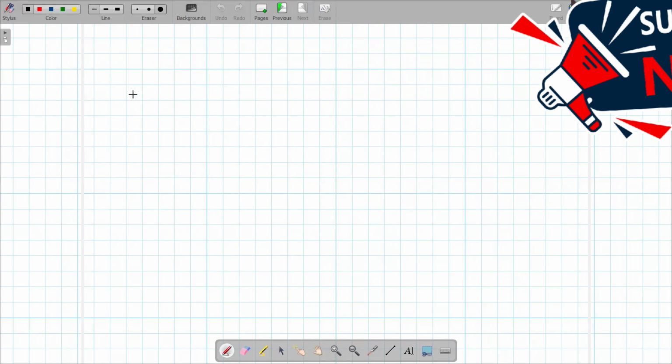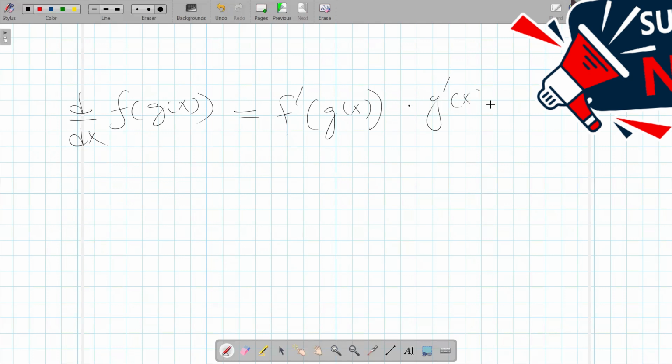Let's talk about what the chain rule is when we have a composite function f of g of x. This is a composition of two functions, right? And if we want to compute the derivative of a composite function, how do you compute it? You first take the derivative of the outer function, keeping the inner function the same, and you multiply by the derivative of the inner function.